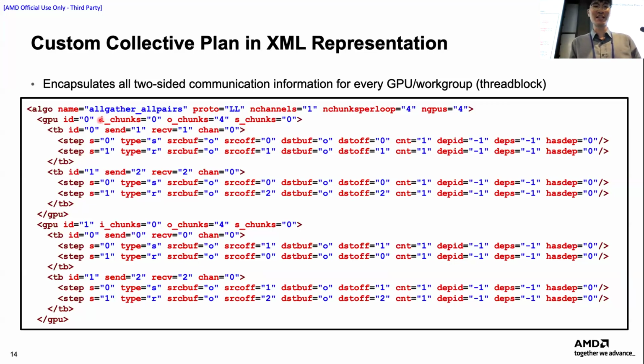For example, in this case, you can define that GPU 0 and its thread block or work group 0 is sending a message to GPU 1, and after that, it is receiving a message from GPU 1 back to GPU 0. You can see it is representing, line by line, the order of send and receive in this XML representation.